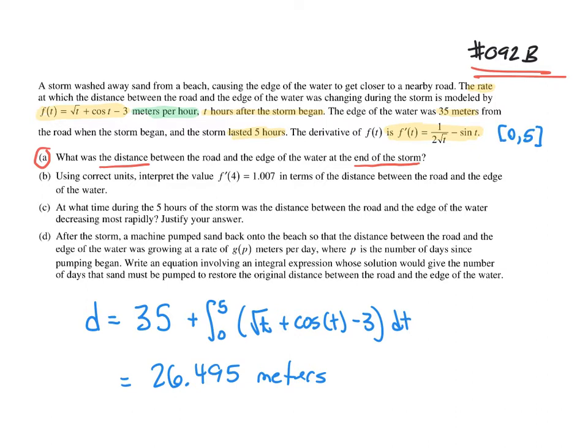We're actually closer than we used to be. We started at 35, now we're at 26.495. And that's a classic example of just using accumulation to solve an initial value problem. So that part wasn't too bad. We'll attack part B on the next slide.